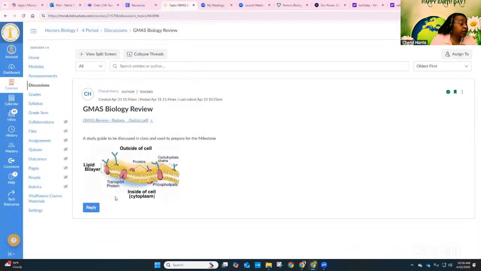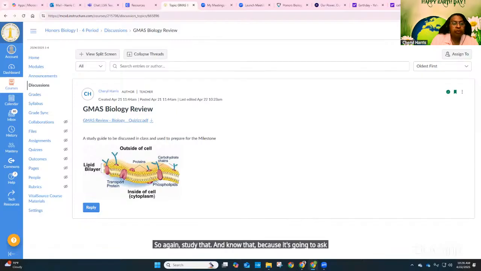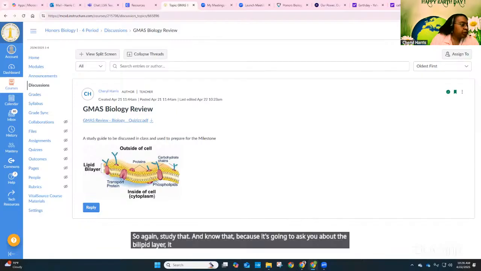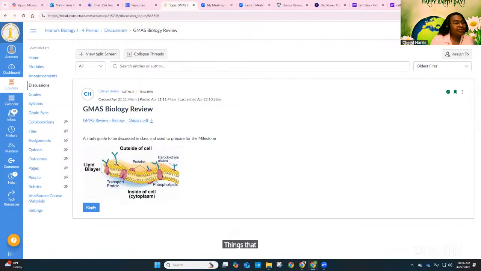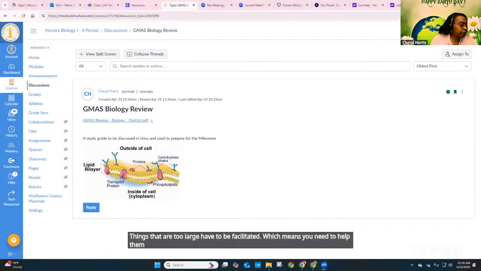So again, study that and know that because it's going to ask you about the bilipid layer. It's going to ask you about the transport proteins. You need to understand active and passive transport in that things that pass through the cell membrane are passive and they're small enough to do so. Things that are too large have to be facilitated, which means you need to help them to come through the membrane.